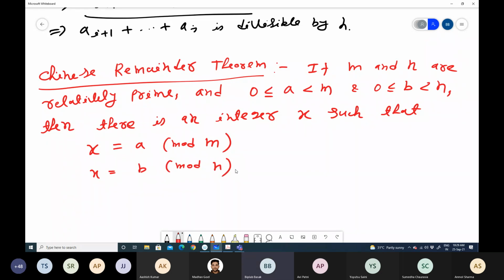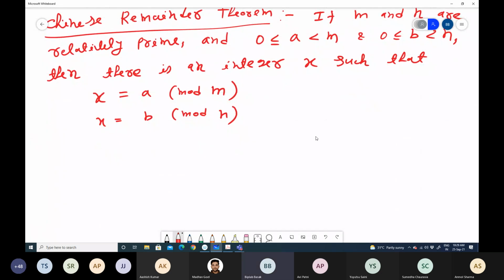In other words, there is an integer x such that if you divide that by m, then a is the remainder, and if you divide by n, then b is the remainder. Okay. So again, by the pigeonhole principle, we can prove it.